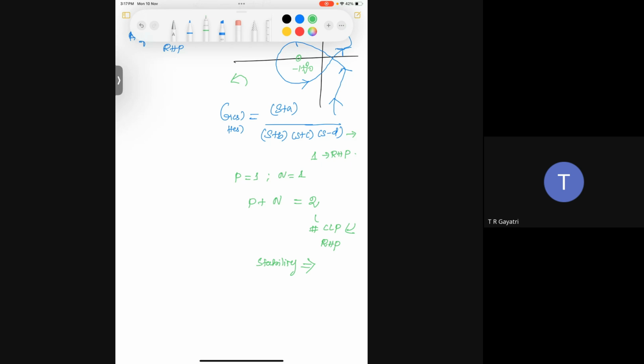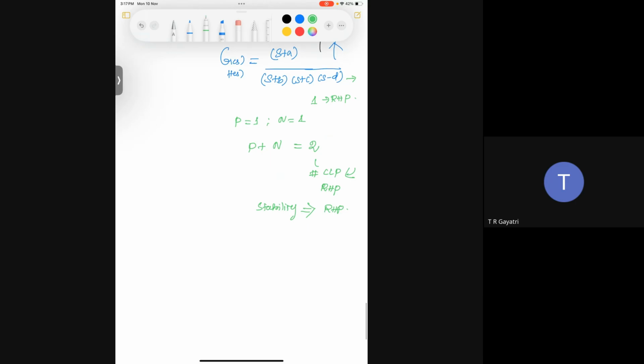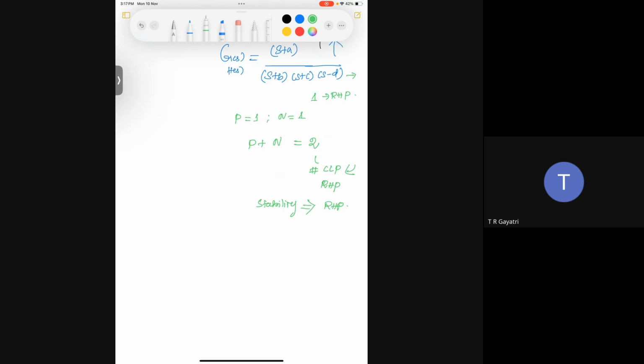If two closed loop poles lie in the right half of the plane, what does it mean? Whether the system is stable or not? No, it's not a stable system. So from this, we define the stability of the system. Do you remember any similar thing you did in time response analysis?